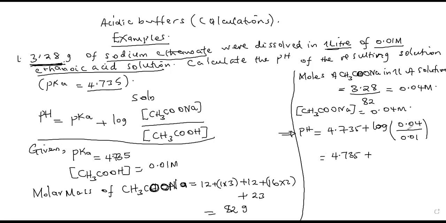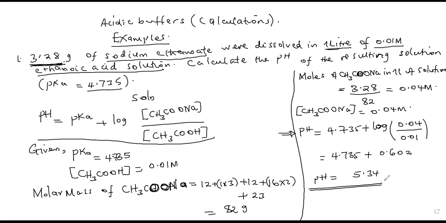When you put the logarithm of 0.04 over 0.01 on your calculator, it gives 0.602. So 4.735 plus 0.602 gives, from my calculator, 5.34 as the pH of the resulting solution. The question is as simple as that.